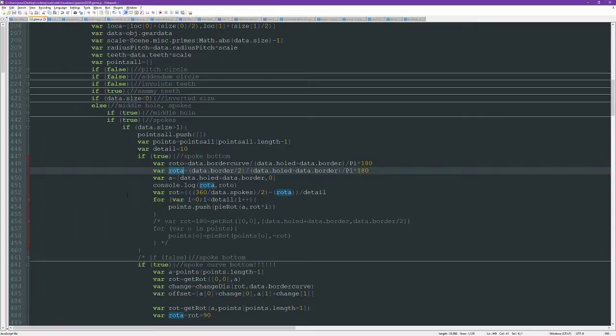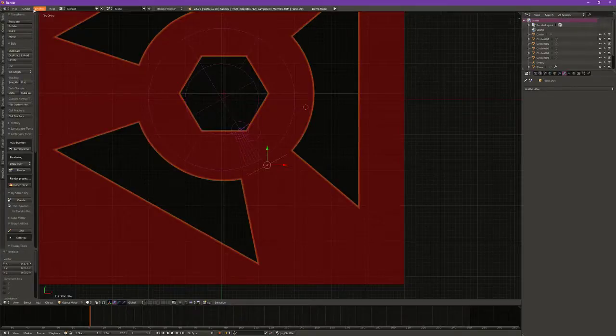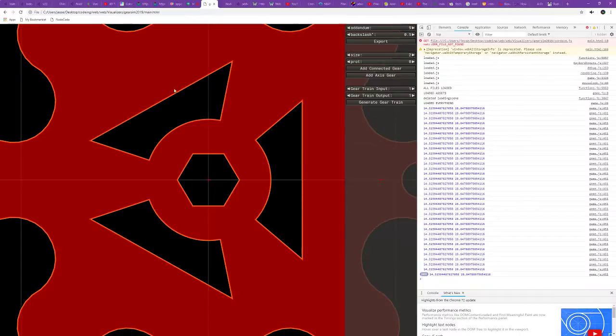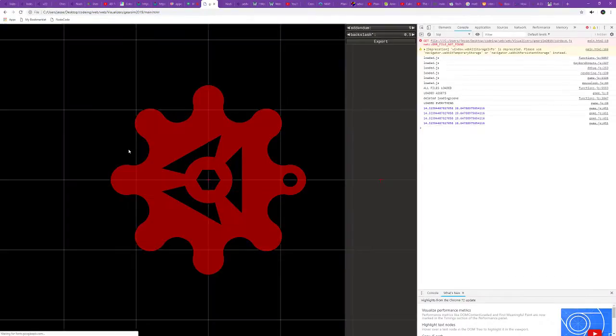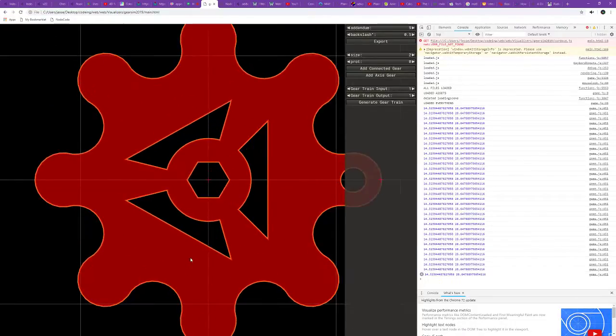Is it not looping enough times? Yeah, there you go. Great shot.